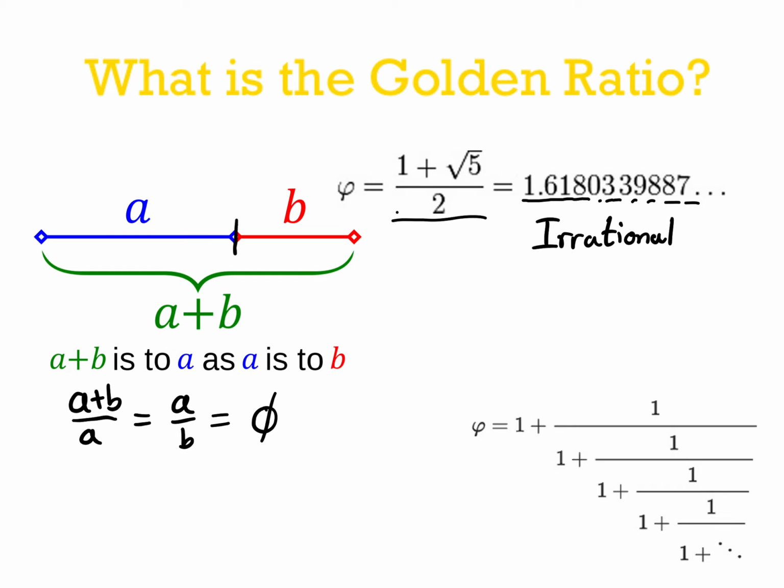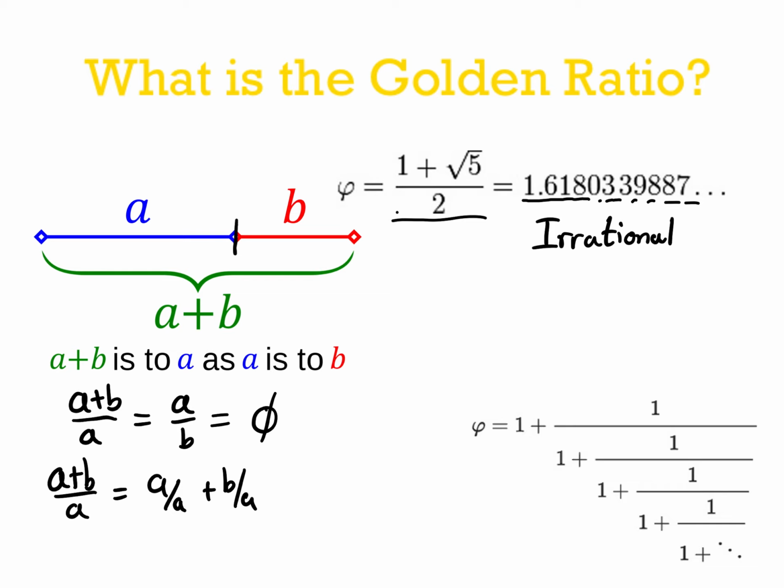Let's try to split apart A plus B over A. Well, A plus B over A is quite simply A over A plus B over A. And we know A over A is just 1. That leaves us with B over A. Well, we know from this that A over B is the golden ratio, so B over A is just 1 over the golden ratio.